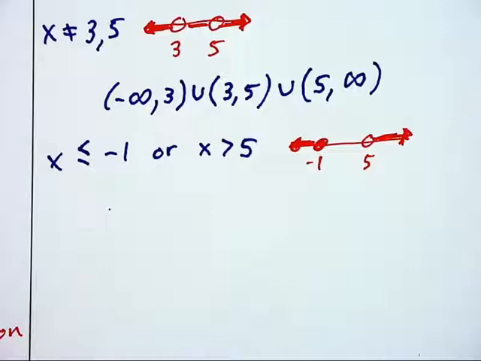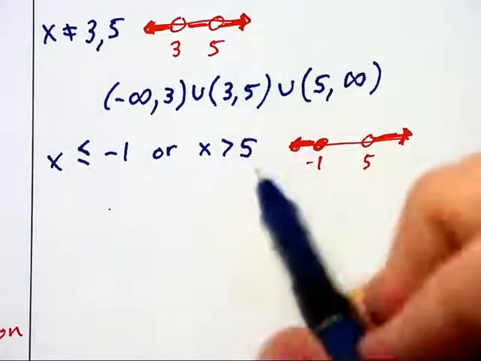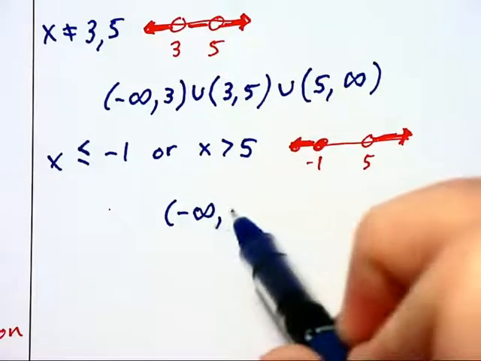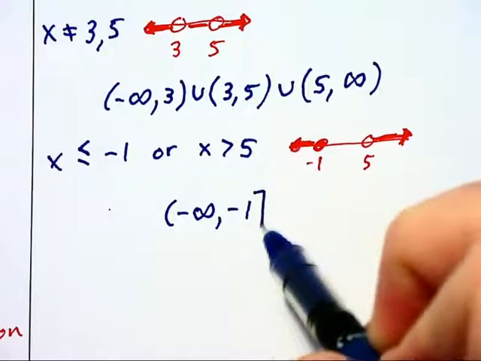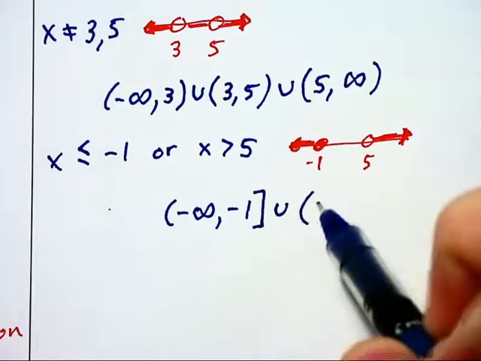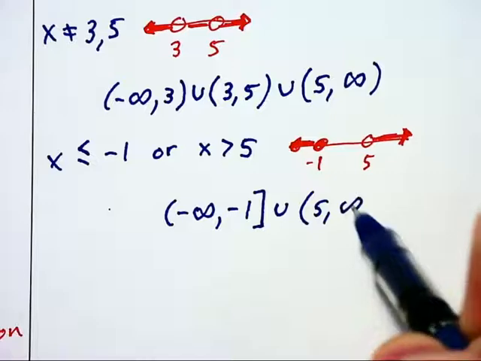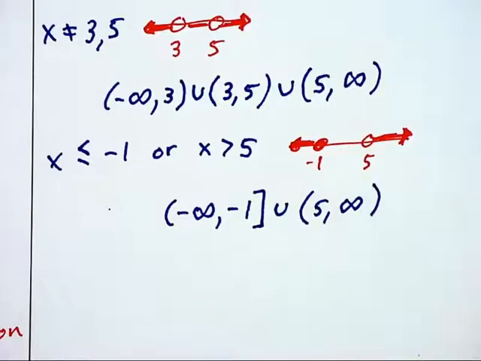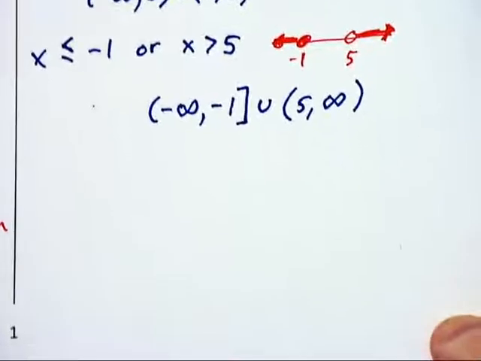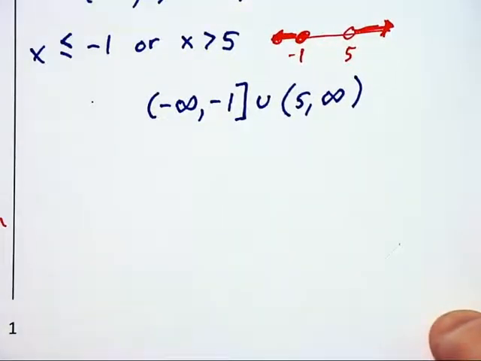Well, this is two separate intervals, just as we had up above, and we're going to have to join them together with a union symbol. So negative infinity up through negative 1, which we include with that bracket, united with the interval from 5 to infinity. Okay, so this is interval notation, which again is a set notation of a different type.